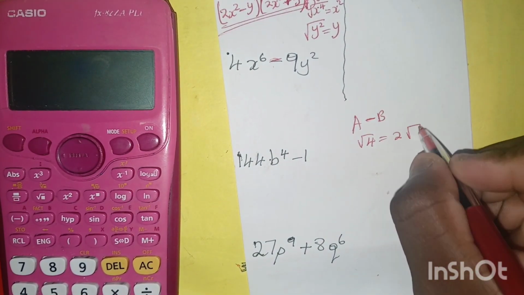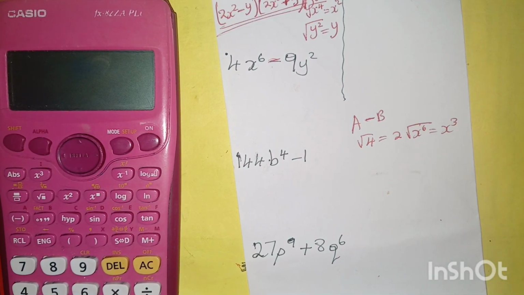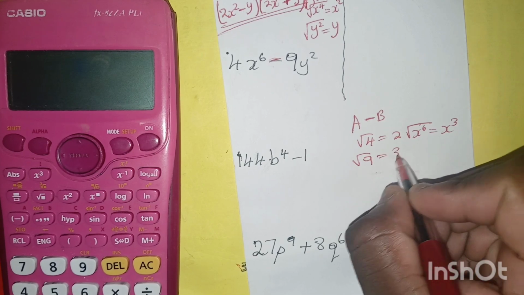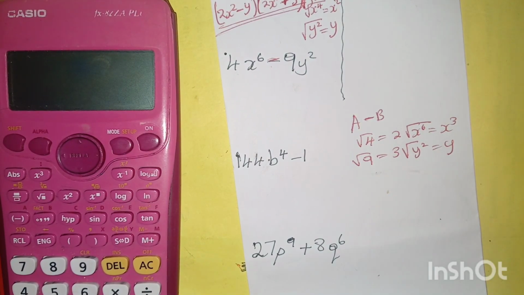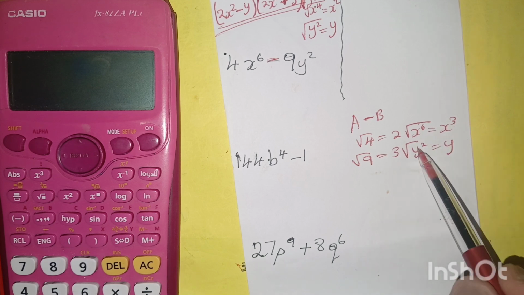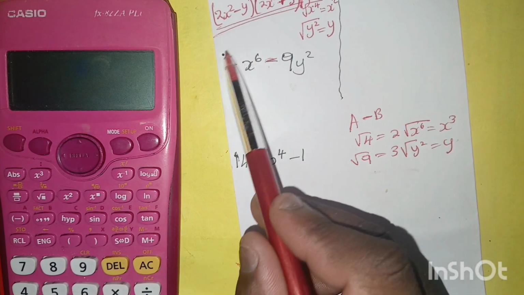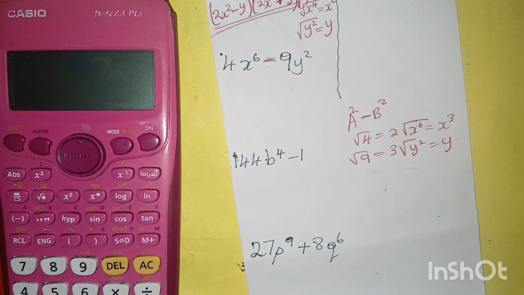We are able to take the square root of x to the 6, which is x cubed, we have the exponent. Even here, we are able to take the square root of 9, which is 3, and the square root of y squared, which is y. For a base, guys, you have the exponent. Meaning, if we are able to take the square root of this term and that term, it means we can apply difference of two squares.